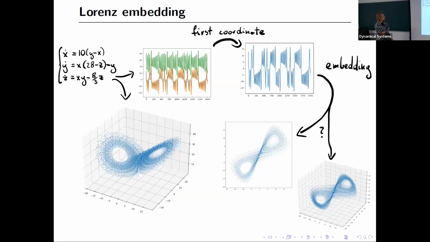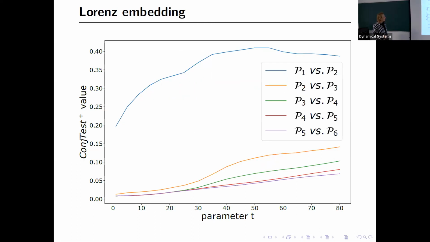Okay, and we also did plenty of experiments in the paper. I will just mention a few of them. So Justyna mentioned that the classical use of FNN is for estimating the embedding dimension.